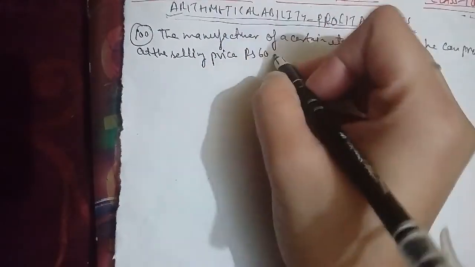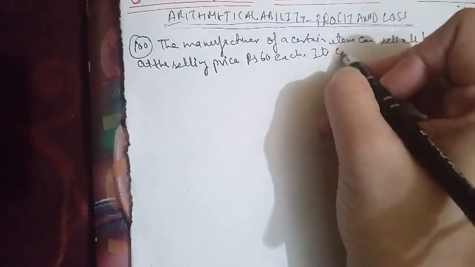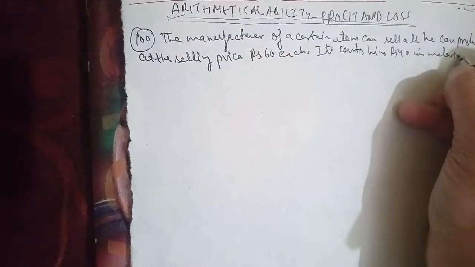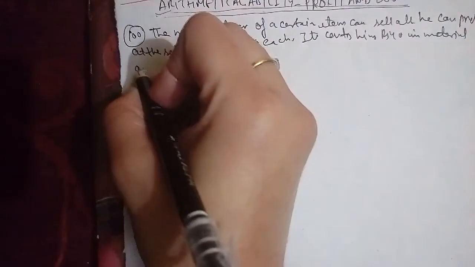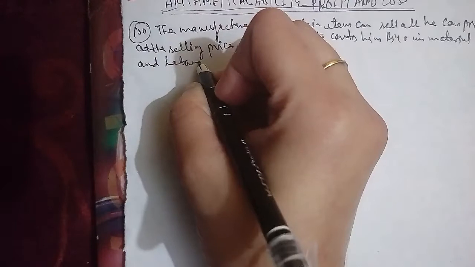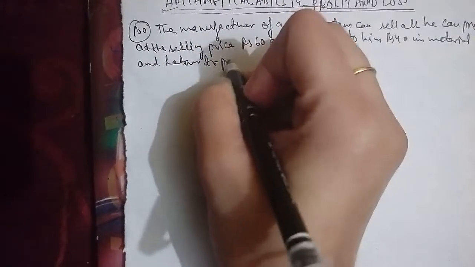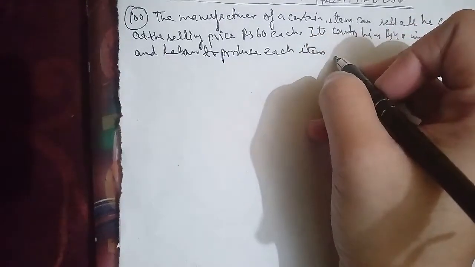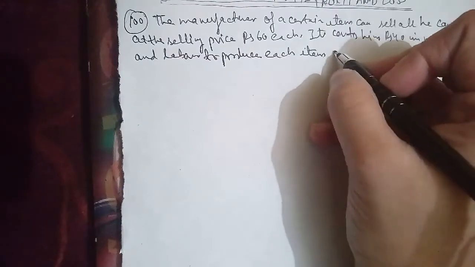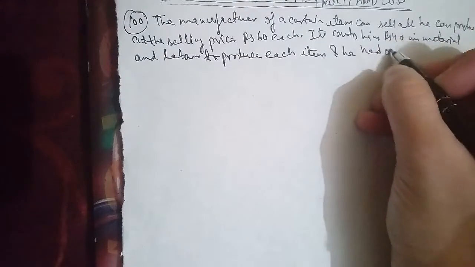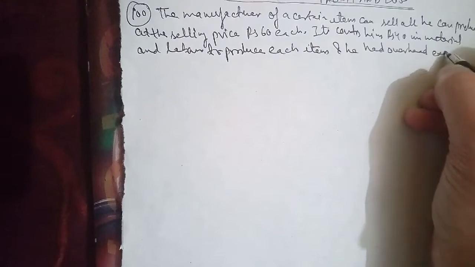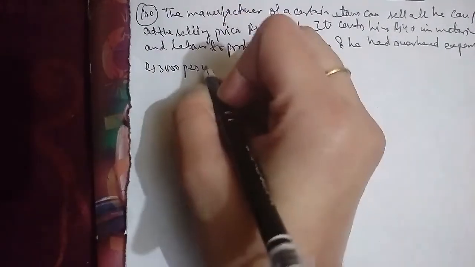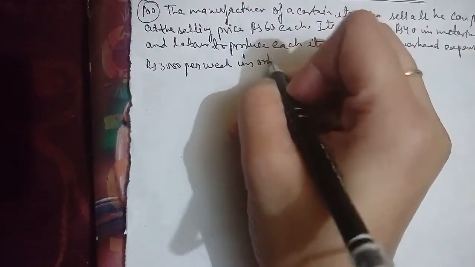It costs him rupees 40 in material and labor to produce each item, and he has overhead expenses of rupees 3000 per week in order to operate the plant.